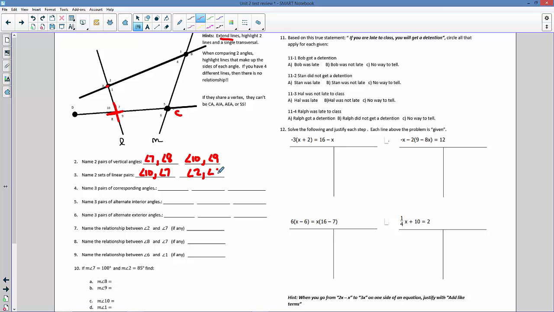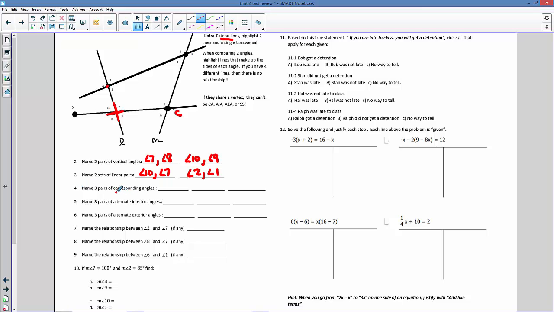But there's a lot more linear pairs. Normally when two lines meet, you form 4 sets of linear pairs. But they're not all labeled here, so we can't list 16, but there could be up to 16.